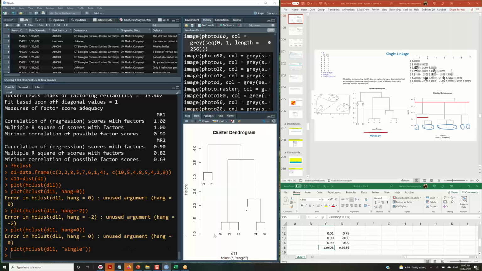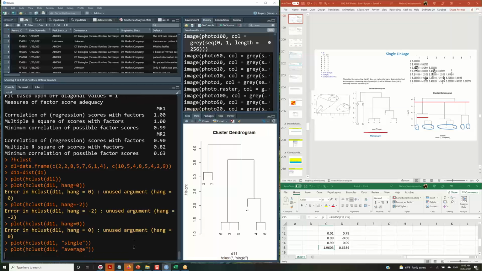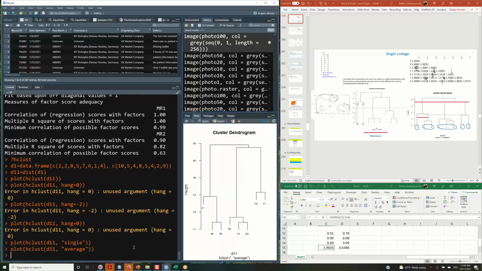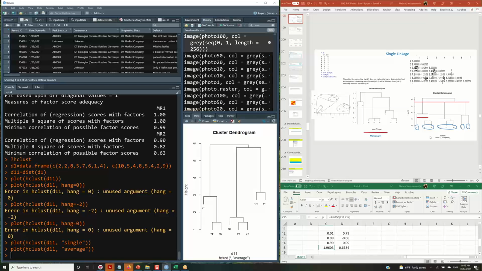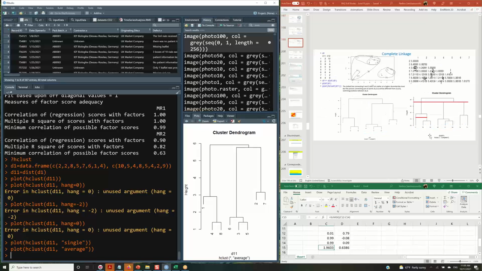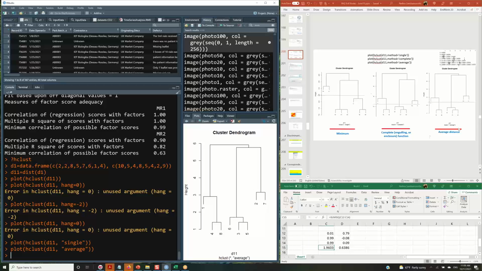And also you have the average. This is the average. Okay. So this is complete, this is single, and I don't think I have average here. The average I did bring together here in one shot.